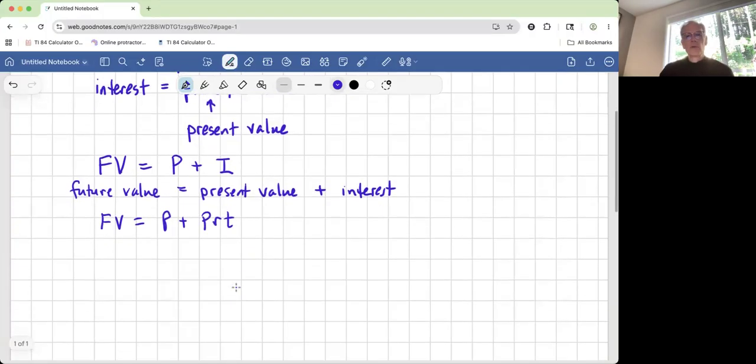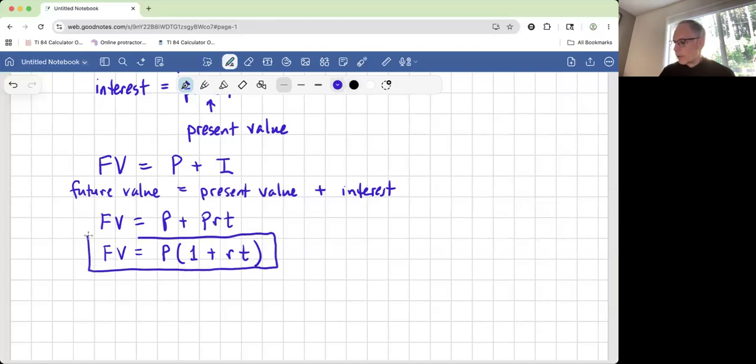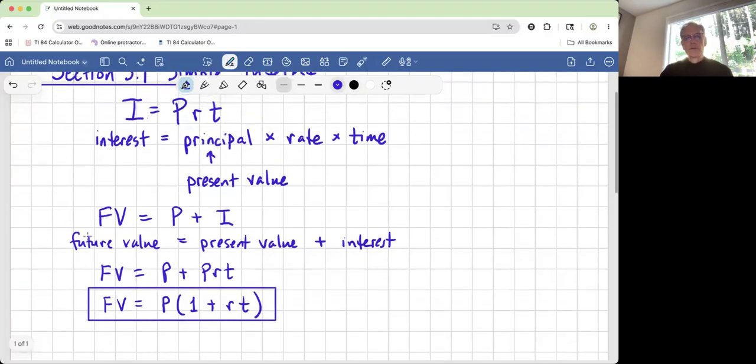Then we could factor out that P, right? And we get future value equals present value times the quantity 1 plus rate times time. Okay, so those are the two formulas we are going to need in this section. Future value is P times 1 plus RT, and the other one, I equals PRT.